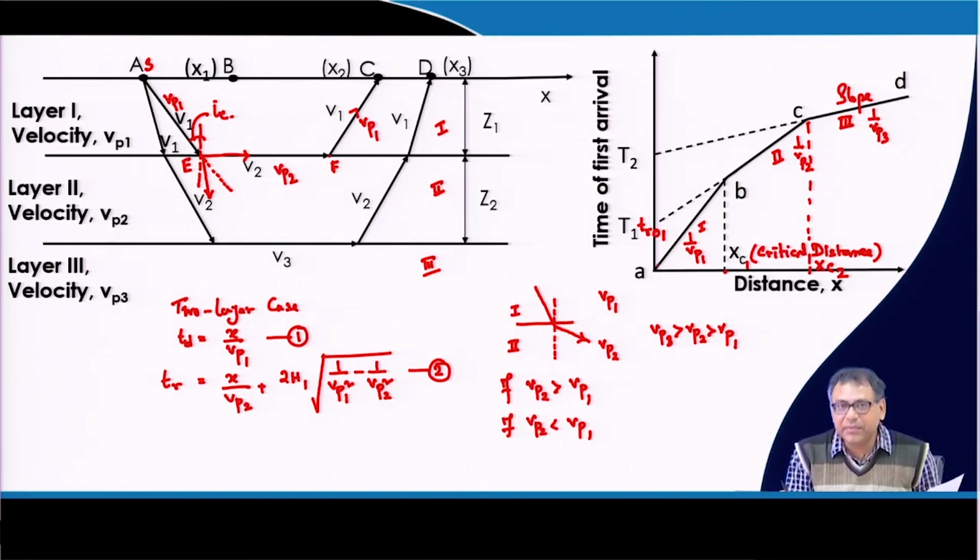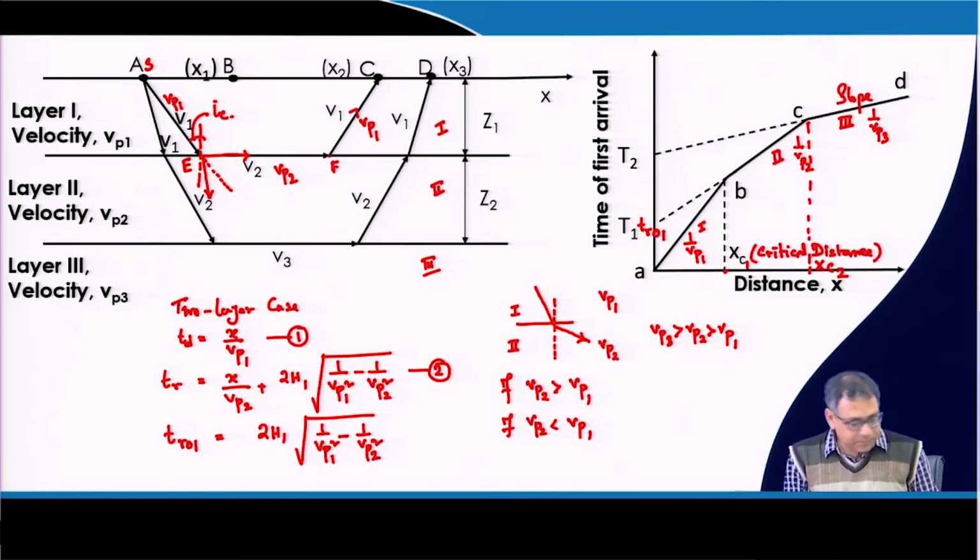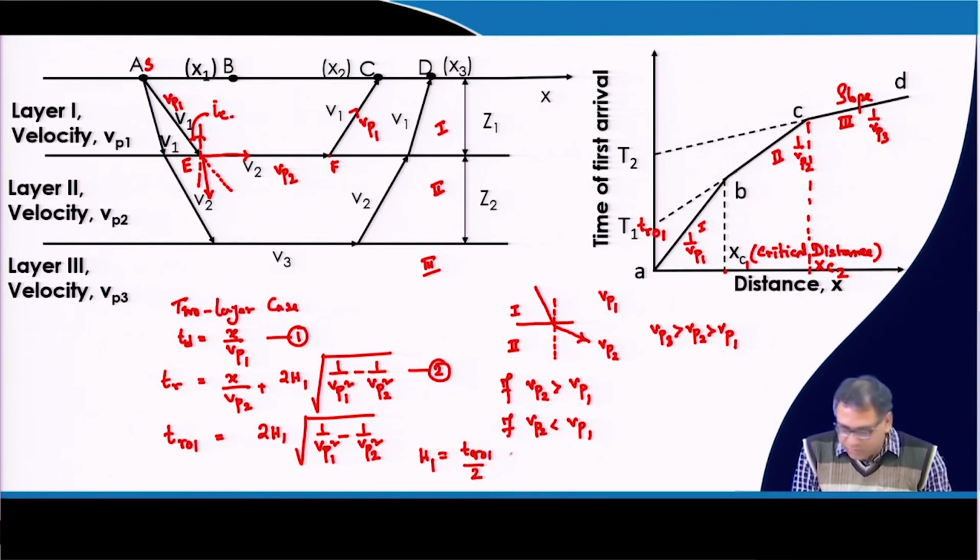Tr01 is the time at x equal to 0. Now, if I put x equal to 0, Tr01 will be 2h1 root over 1 by Vp1 square minus 1 by Vp2 square, or I can calculate h1 as equal to Tr01 divided by 2, times Vp1 Vp2 divided by root over Vp2 square minus Vp1 square.